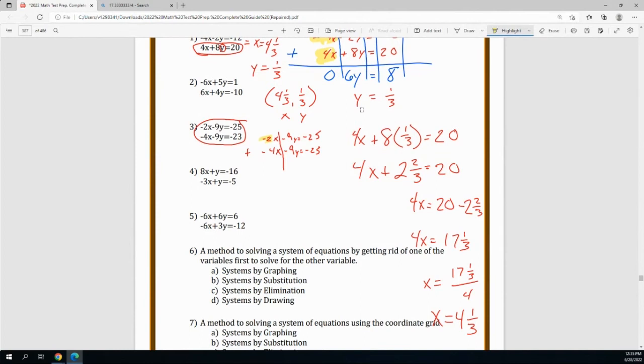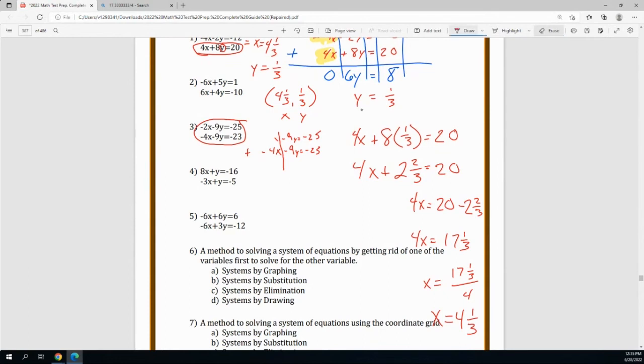Because I want to cancel it. I want a +4 to be added to a -4 so that when they add up, they get a 0. So in order for -2 to become a +4, I have to multiply it by -2. So what that means is that I'm going to take the whole equation.